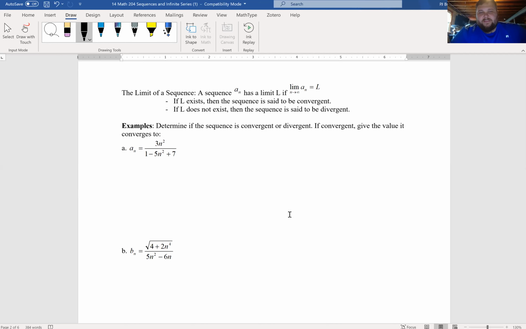If L does not exist, meaning infinity or -infinity, or just flat out does not exist, then the sequence is divergent.